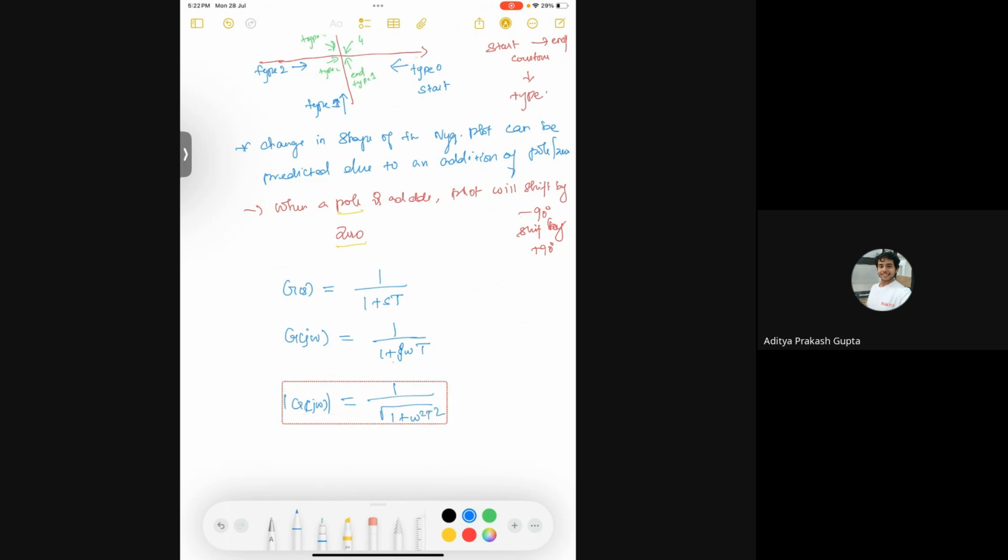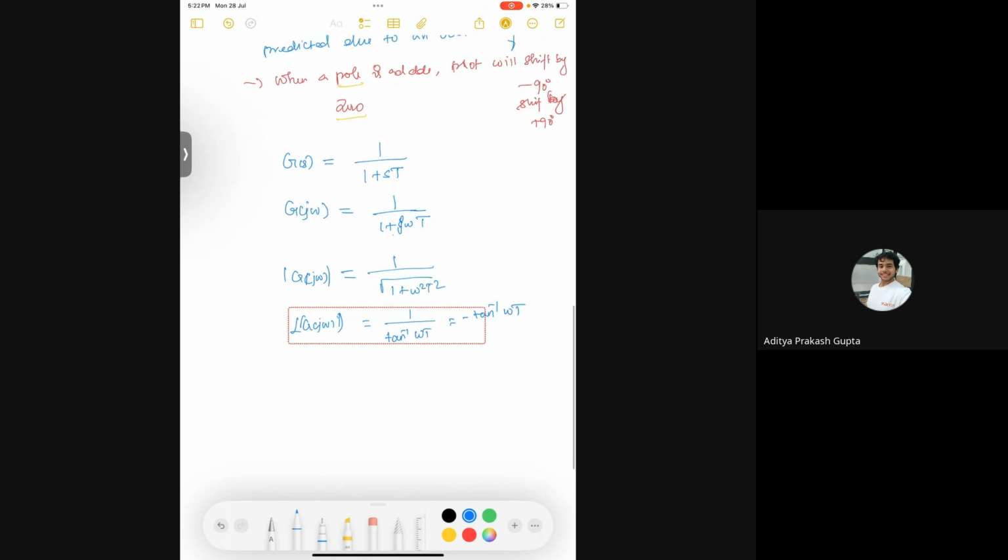The magnitude has omega square t square, and the phase can be written as tan inverse of omega t.